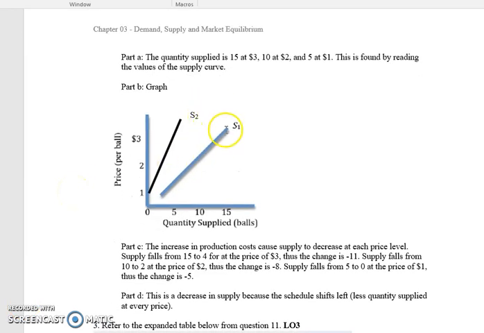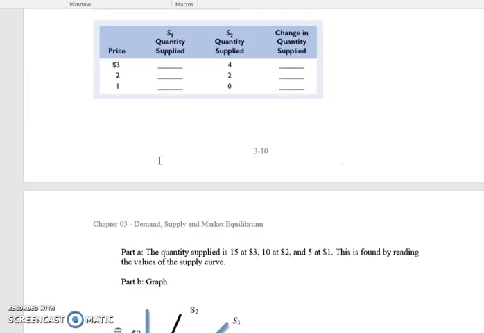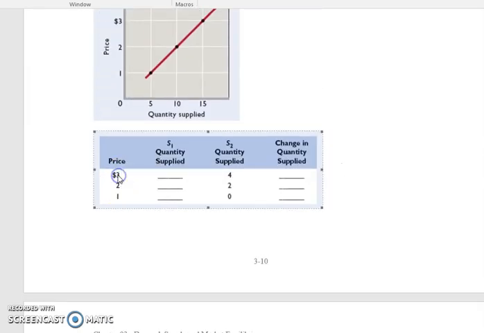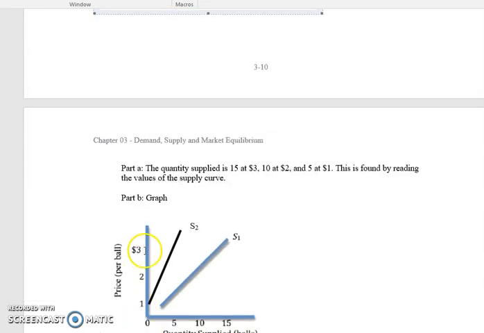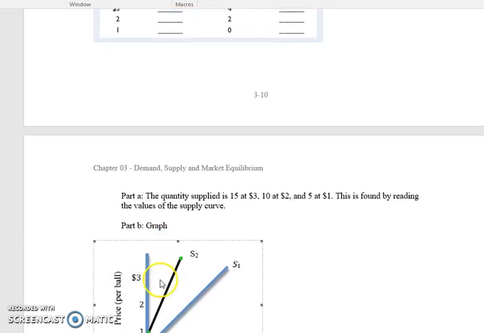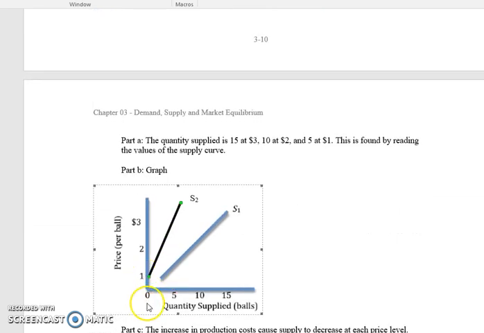S1 was before, and now we put S2. We take the values from the table. Price is $3, supply S2 is 4. Then price is $2, supply is 2. Then price is $1, supply is 0. So that is virtually the intercept. So this is the S2 supply curve. See, supply curve goes from S1 to S2. It shifts to the left.